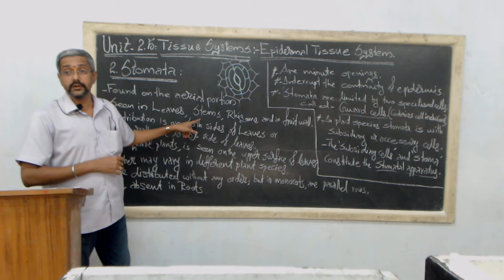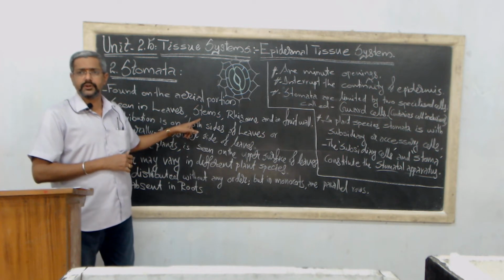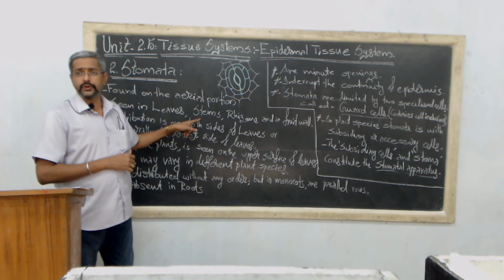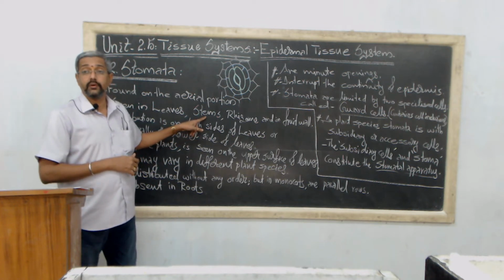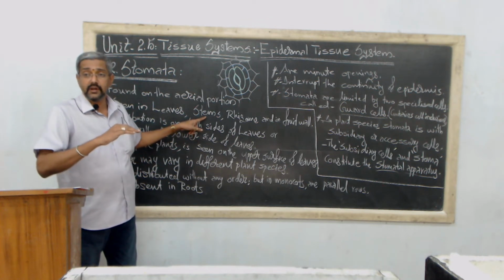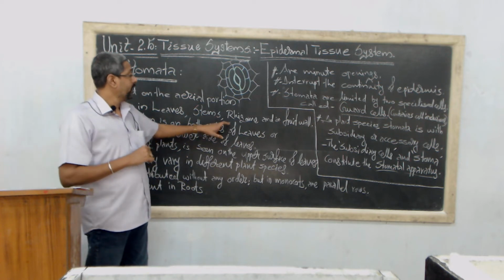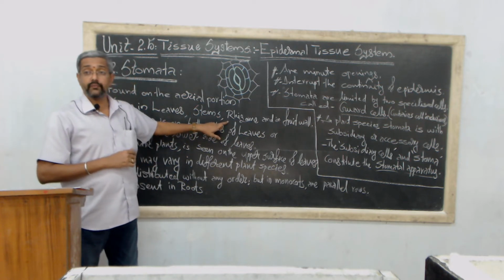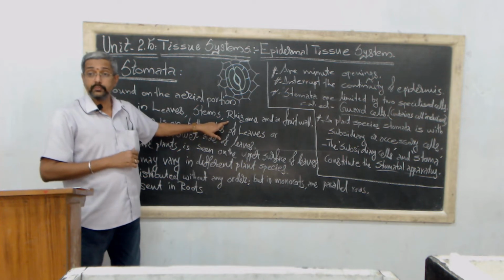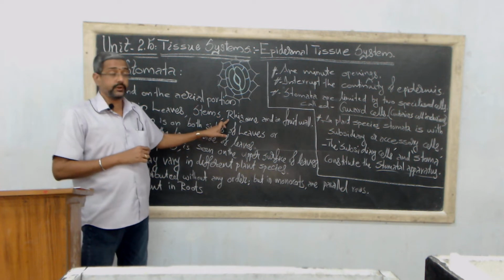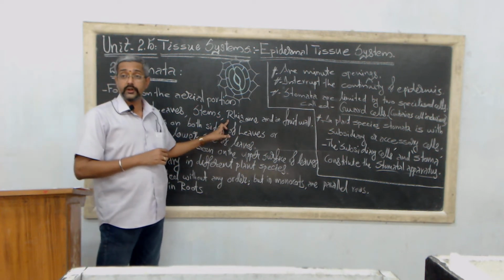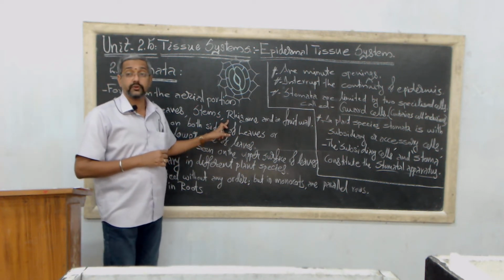Not in all stems, but in the primary structure of the stem of some species, plants show the presence of stomata on the stem epidermal tissue. Similarly, in some rhizomatous structures, which are root-like structures but not true roots, because stomata are naturally not found in roots, we can see the presence of stomata.